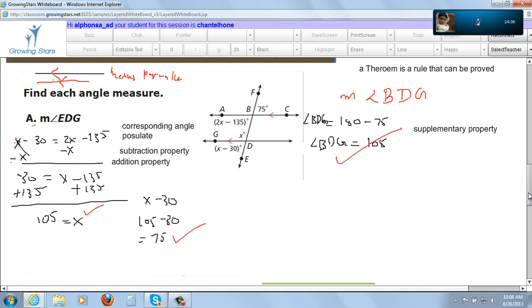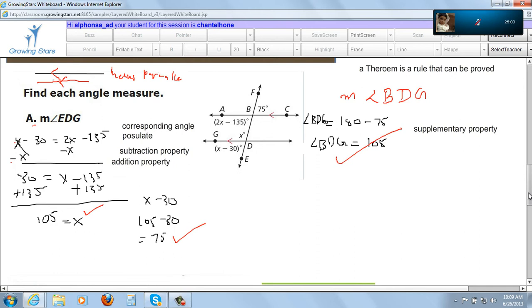Find the value of x. Whenever you are getting a question like this, you should apply all the postulates. That means sometimes you need vertical angles, corresponding, and you should also check whether linear pair is possible, same side interior, like that.